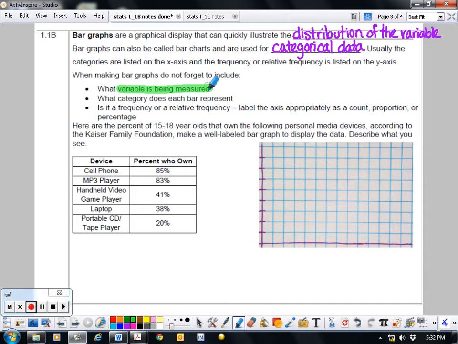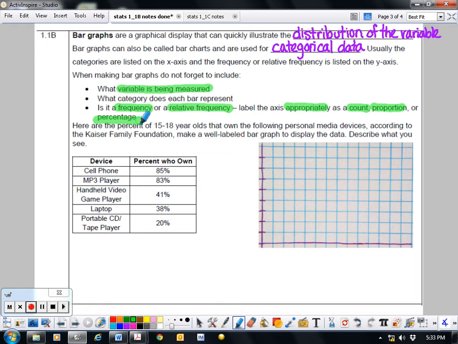And then decide if you're going to go with a frequency or relative frequency, and make sure you're labeling your axis appropriately. So if it's a count, label it as a count, so number of people, or number of zebras. If it's a proportion, label it as a proportion. If it's a percentage, label it as a percentage, so we understand what that actually means.